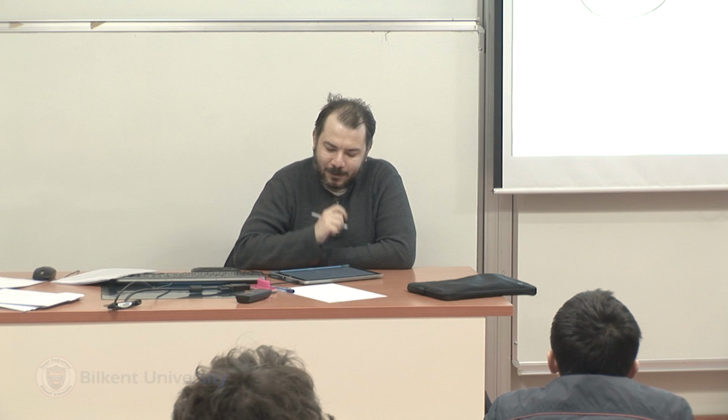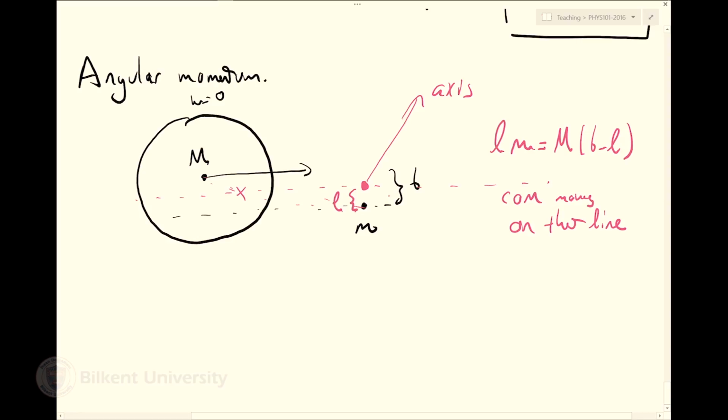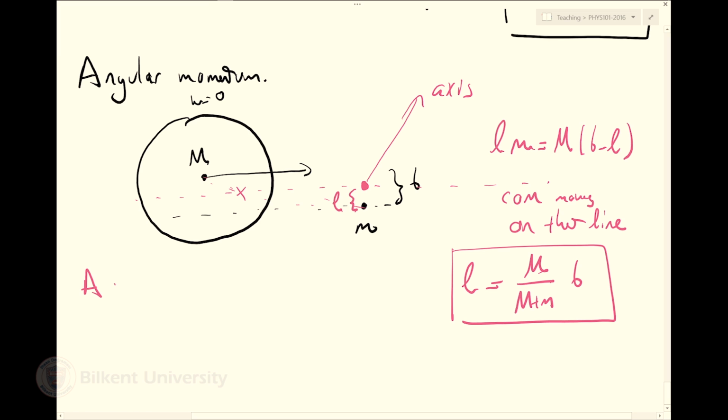And that line, I can actually find out where it is by just thinking about the y coordinate of the center of mass. So I'll find L to be what? M divided by m plus capital M times b. So that will be my L.